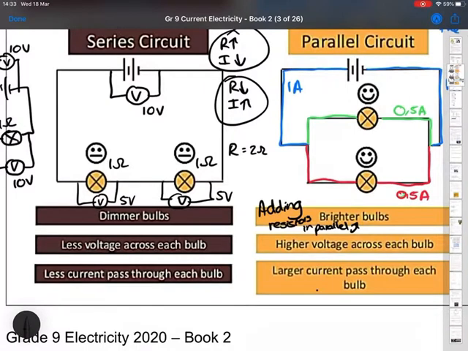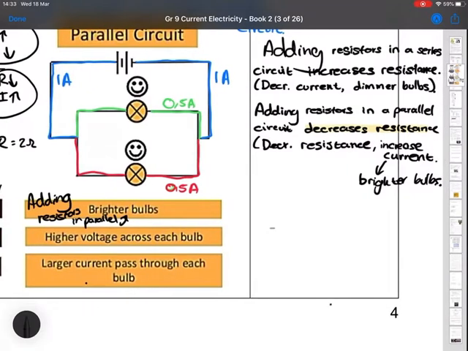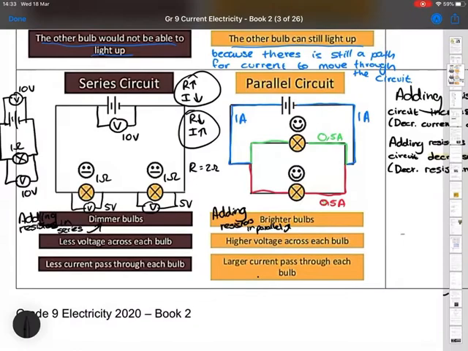Adding resistors in parallel will give you brighter bulbs, whereas adding resistors or bulbs, because bulbs are resistors, in series will give you dimmer bulbs, because resistance goes up, current goes down. Whereas in a parallel circuit, adding resistors in parallel, you've got more paths. More paths means less resistance means more current means brighter bulbs.